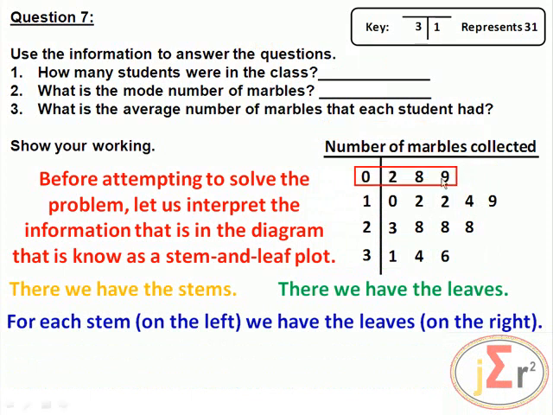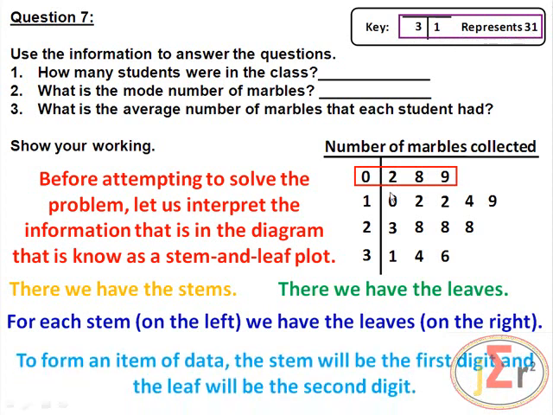So these leaves belong to this stem. I'm not going to be saying much more about that because as we go along, everything will come together very nicely. And we have here the stem and the leaf together means 31. To form an item of data, the stem will be the first digit and the leaf will be the second digit.